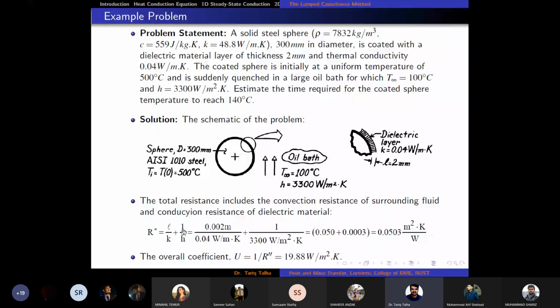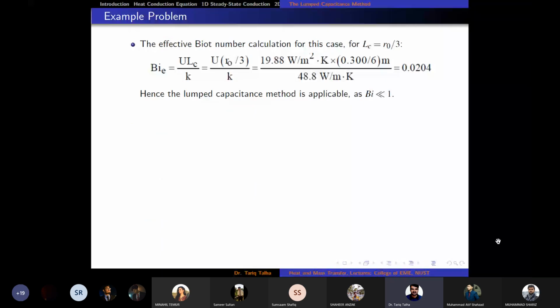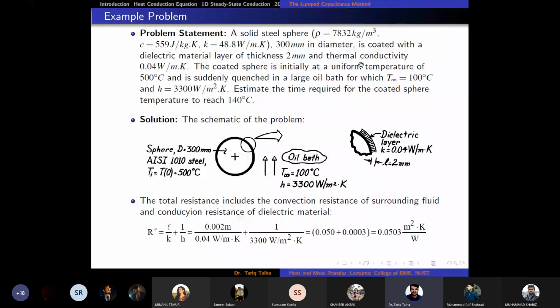So from here we can see the Biot number is equal to U Lc upon k, which is U into r naught upon 3 divided by k. U value we have calculated. For r naught upon 3, we know the diameter of that steel ball is 300 mm, so the radius would be 0.15.